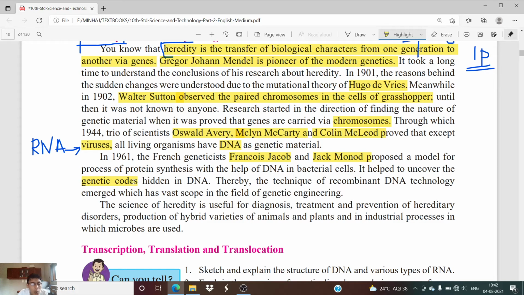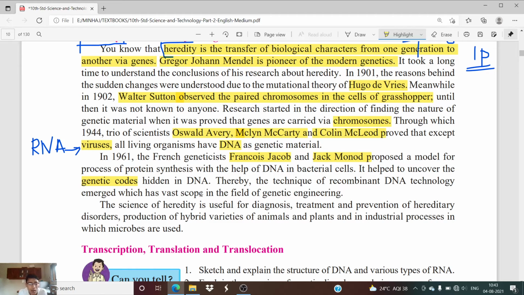Okay, genetic codes are nothing but the sequence of these four: thymine, adenine, cytosine, and guanine in the DNA molecule. Thereby, the technique of recombinant DNA technology emerged, which has vast scope in the field of genetic engineering. So such discoveries have led to new discoveries, and these new discoveries have improved the lifestyle of human beings.